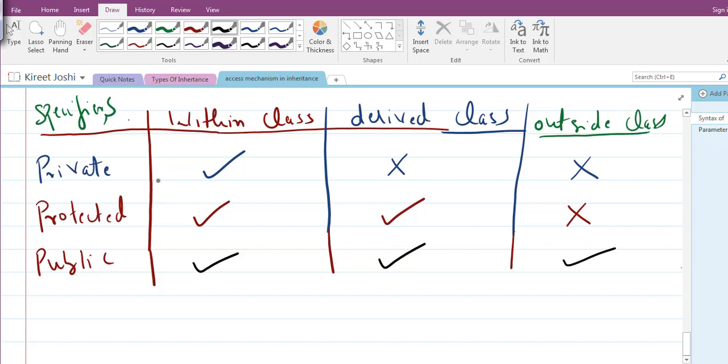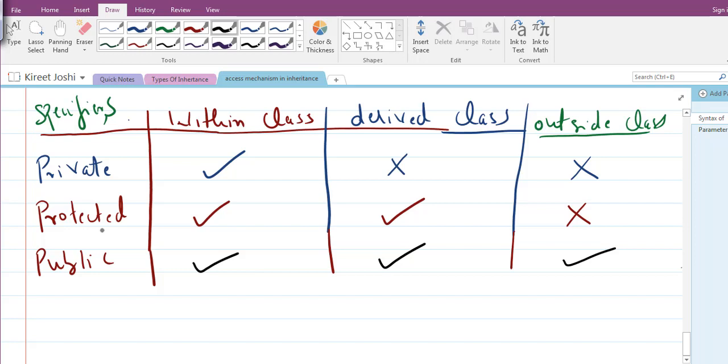These are basically the rules you have to remember when constructing the program. If you declare any variable as private in the base class, then these private variables can only be accessible within the base class. They cannot be accessed in the derived class, or outside the class, or directly with the object. If you create any members as protected in your base class, then they can be accessed within the class and in the derived class, but they cannot be accessed directly with the object.